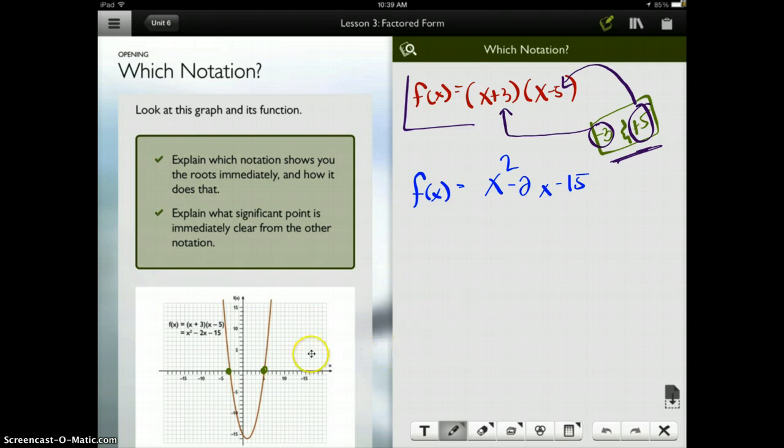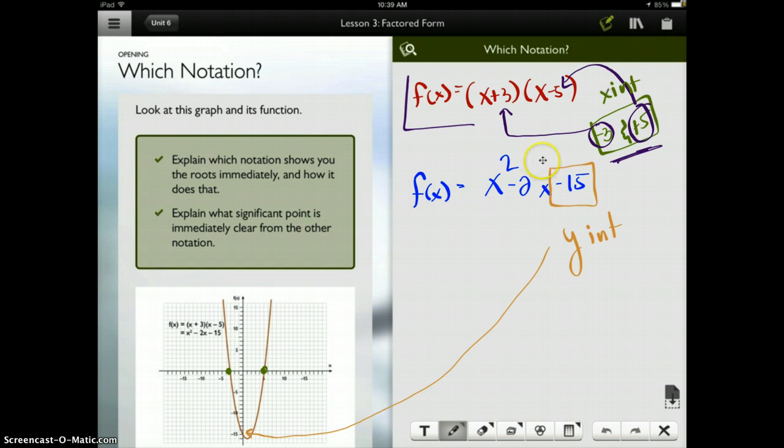Do I know any point on this graph that's connected to this equation just by looking at it? -15. Good. -15 represents the what? Y-intercept. Okay, so this is our y-intercept, shown all the way down there. And in factored form, it's going to show us our x-intercepts.